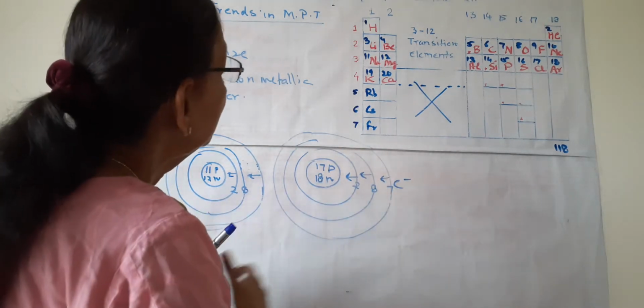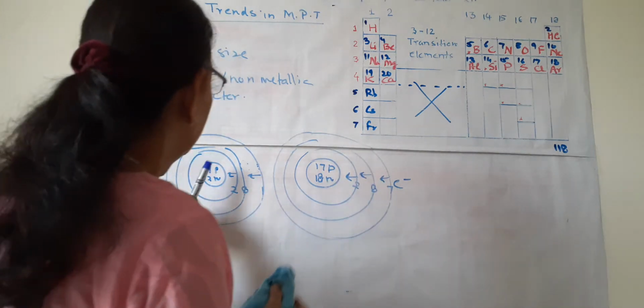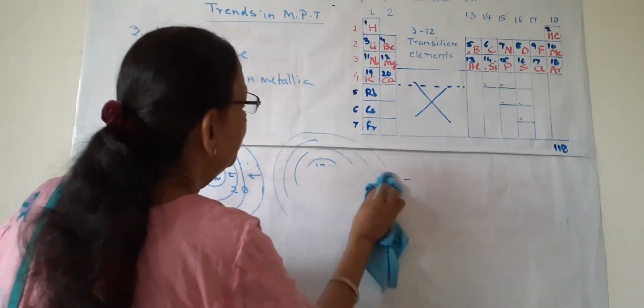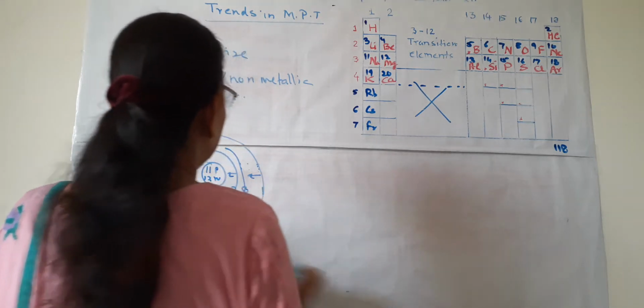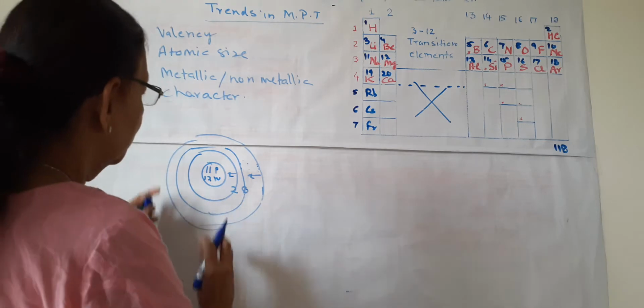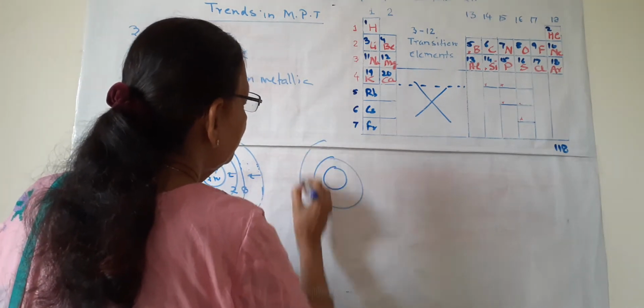Now we will see the size of atoms down a group. So down a group, I am taking again sodium and potassium. So what will be the electronic configuration of potassium?